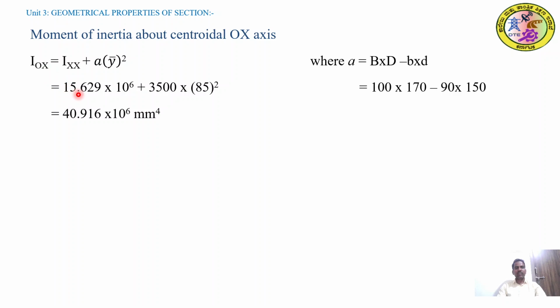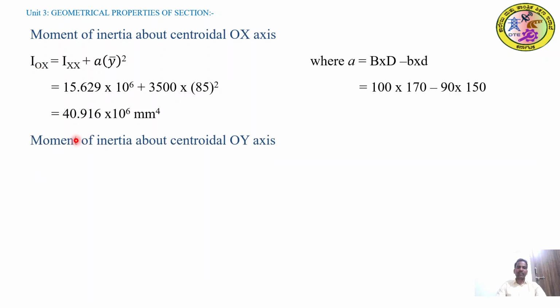That is 15.629 as the moment of inertia, and the area is 3500 millimeter square, that is 100 into 170 minus 90 into 150, and y bar, which we have already obtained, is 85 squared. So that is 40.916 into 10 power 6 millimeter power 4 for the OX axis moment of inertia.